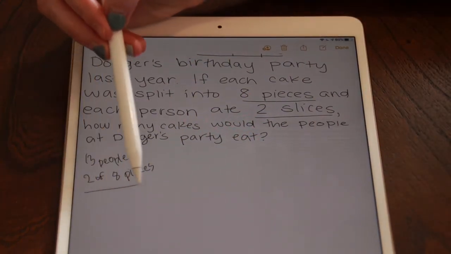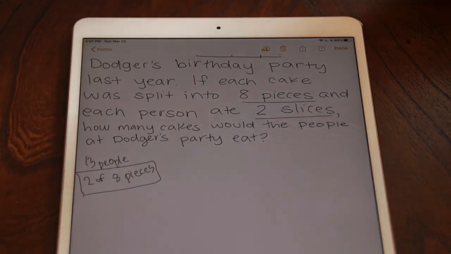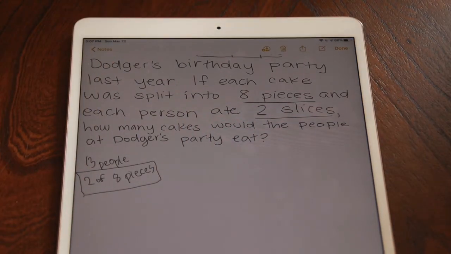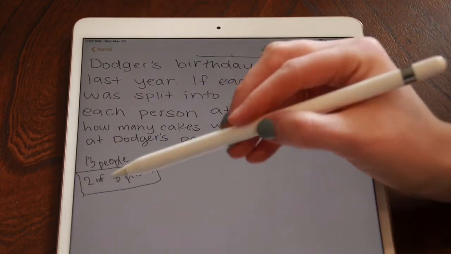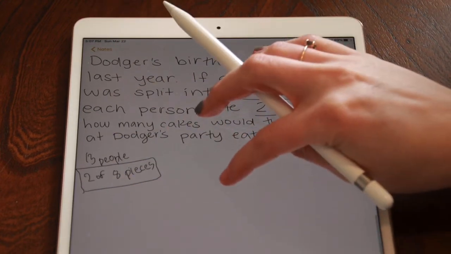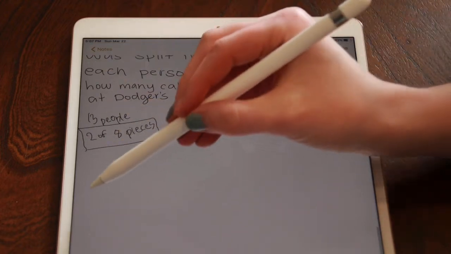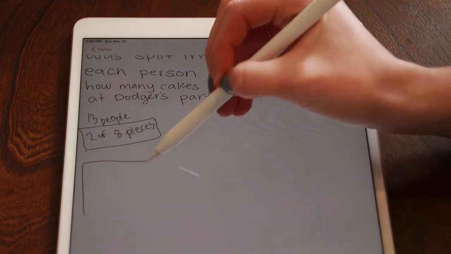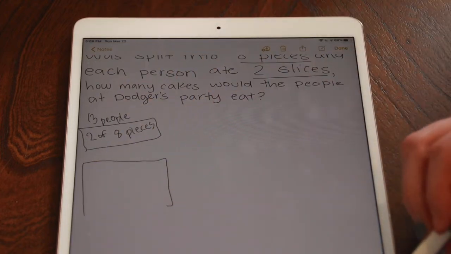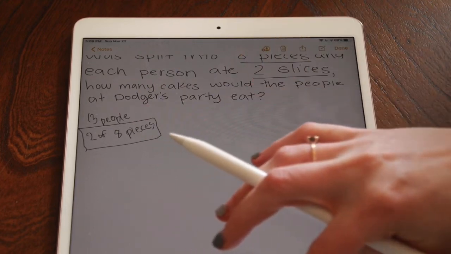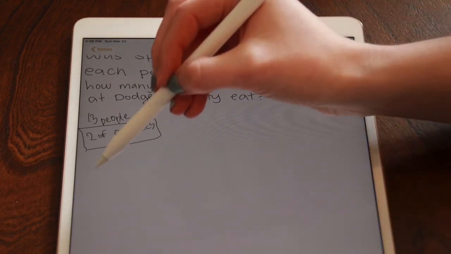Can I turn this into a fraction? I'm gonna let everyone think for a second. Well, if I was to draw this out to make it into a fraction, I'm going to scoot up so I have some more room. I have my cake. Actually, cakes are usually round. Let's make it round. Okay, so I have my cake.